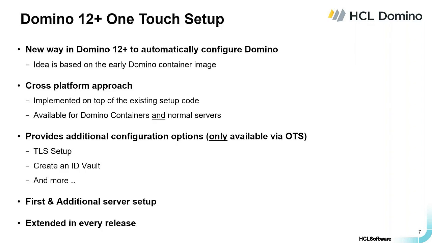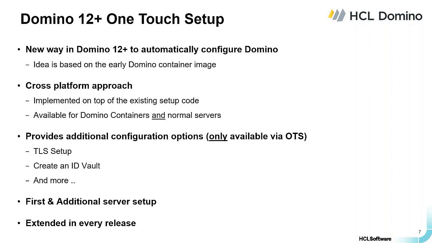There are two different ways of doing it. It works for first and additional servers, and it's extended in every release. The interesting part here is that there is some extra in one-touch setup that you only get when you use it. If you do a classical setup, the TLS setup can't be automated, and the ID Vault is not created.